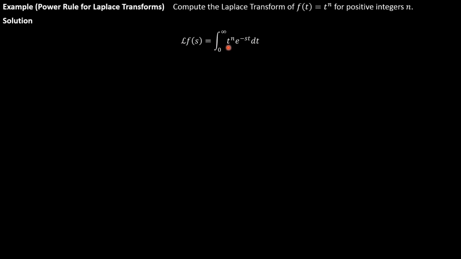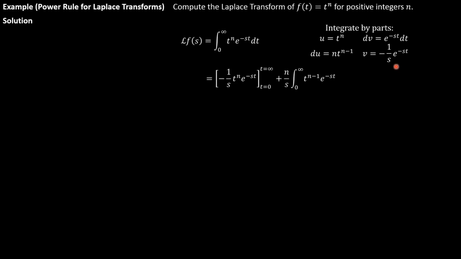Put your function inside the integral next to e to the minus st dt and evaluate. So if you do an integration by parts, let u equal t to the n, dv is this, all this, you end up with this. This is just uv minus the integral of v du, the standard integration by parts formula.